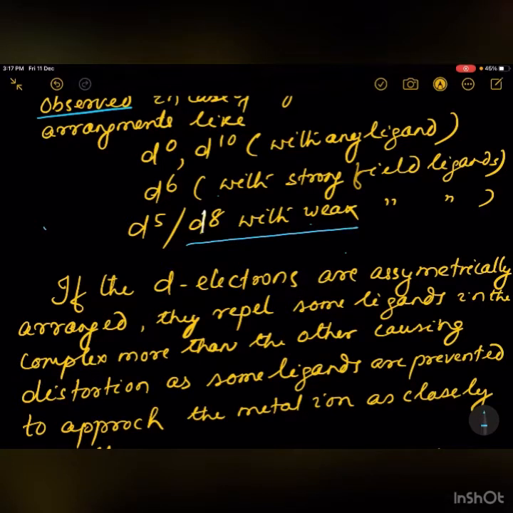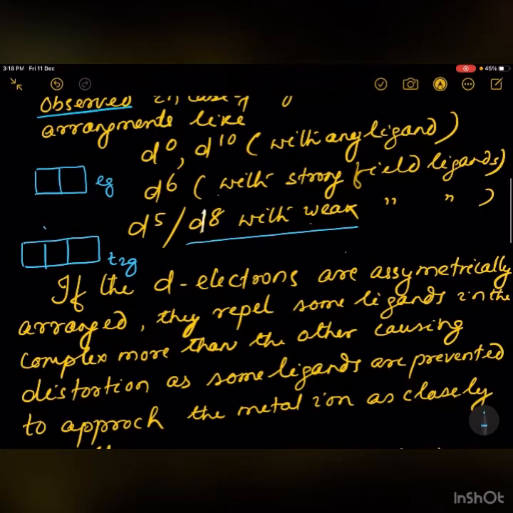and weak field ligands, you see the d subshell has 5 d orbitals. In presence of 6 ligands, there is splitting of d orbitals. t2g orbitals remain at the bottom, eg orbitals remain at the top.